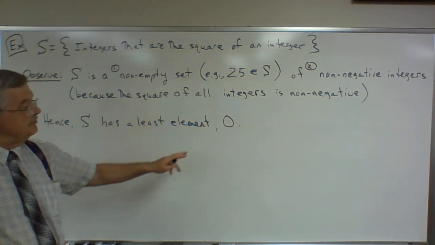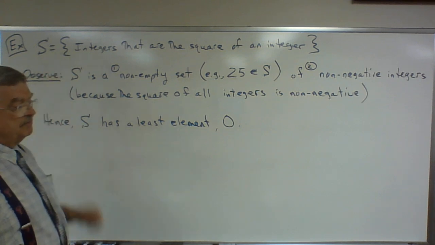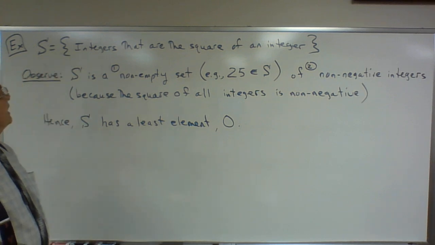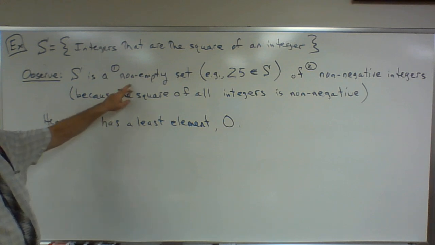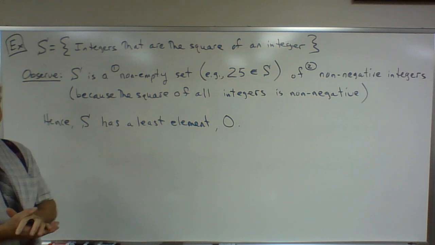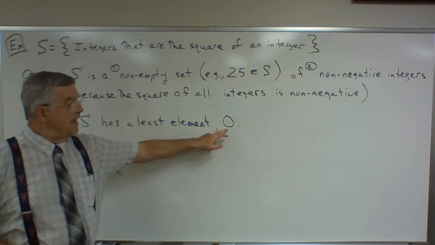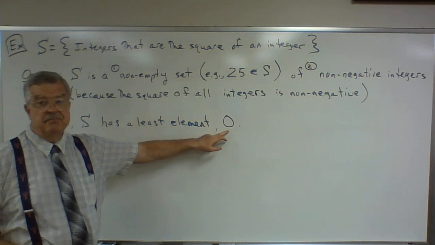So this is the least element of the set S. S was a non-empty set of non-negative integers. The well-ordering principle guaranteed that it had a least element, and here it is, 0.